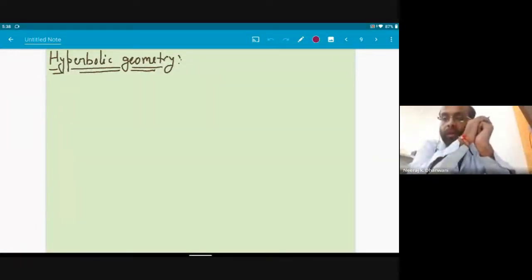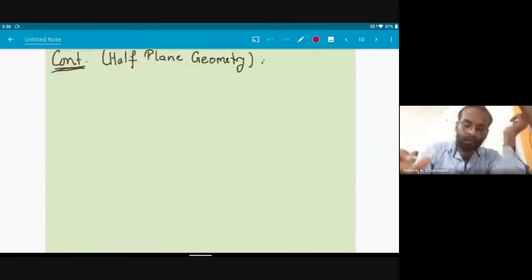So the hyperbolic geometry is completely opposite to the spherical geometry, and it's a different one. Okay, so instead of going directly to the geometry, let me give one example of this geometry.